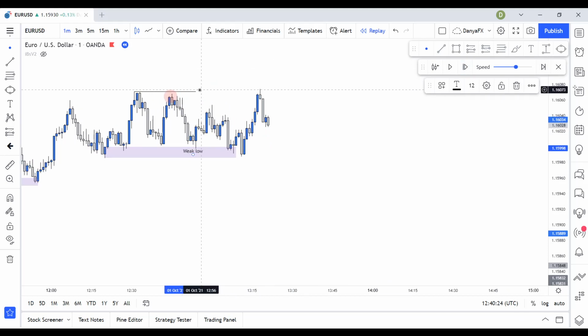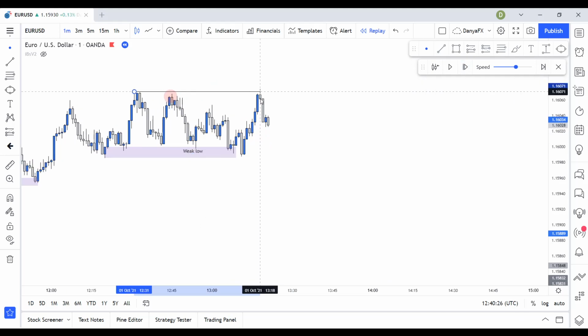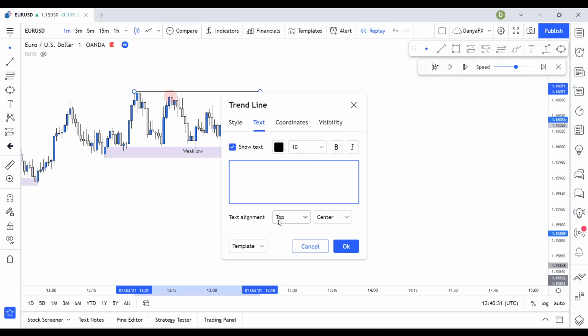And then we see a reaction and our swing low gets wicked, which for me was a sweep of liquidity.